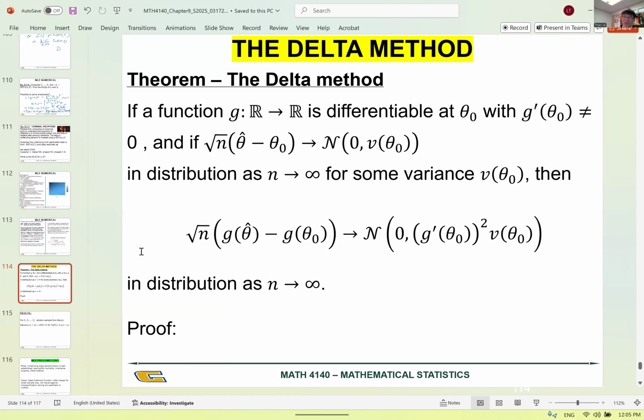A very beautiful property: if you have an estimator converging in distribution to the truth, and you apply a function on that, you still have normality.